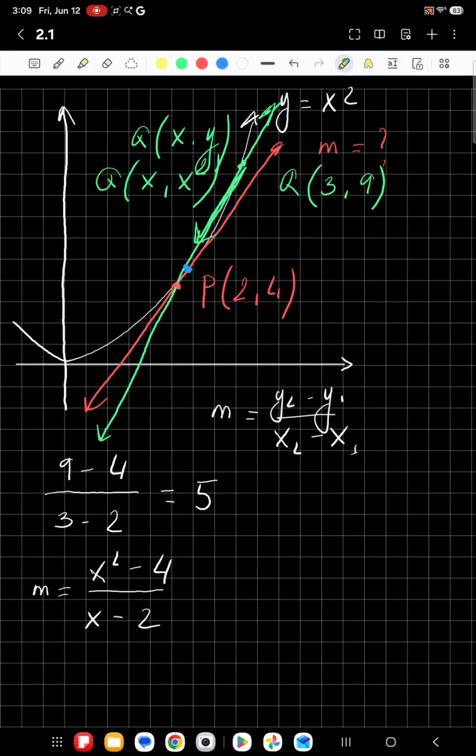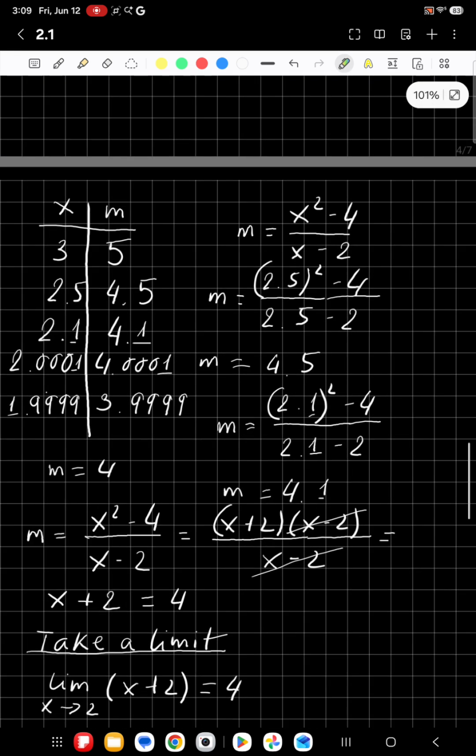We came up with this general formula for slope, if I pick different points Q closer and closer to point P. Using that formula, we created a table with different x's getting closer and closer to 2. I'm starting with 3, then 2.5, 2.1, and using the formula for slope we calculated the slopes. Just looking at those numbers, we concluded that the slope of that line is going to be 4.